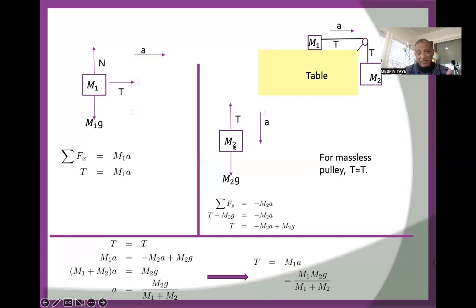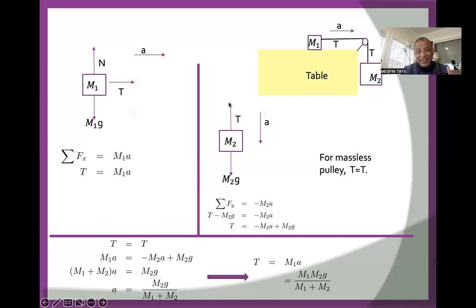For M2, life is simple. M2 is going down because of gravity, M2G, the weight. It's not free falling. Why?